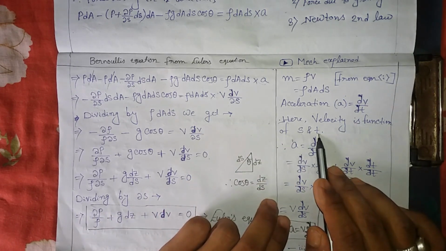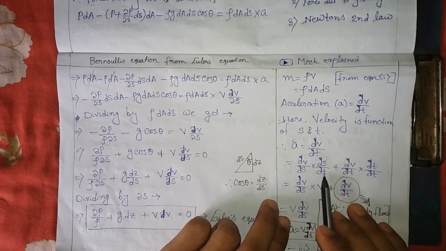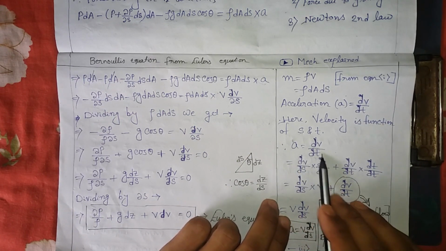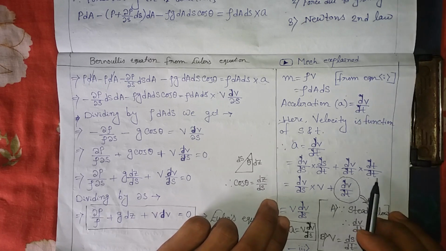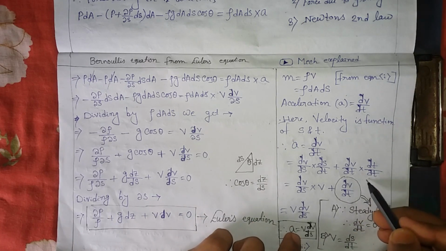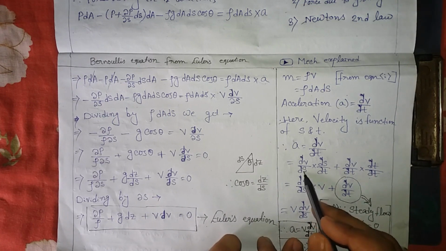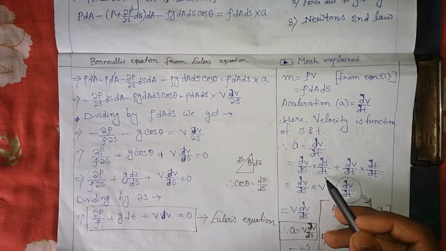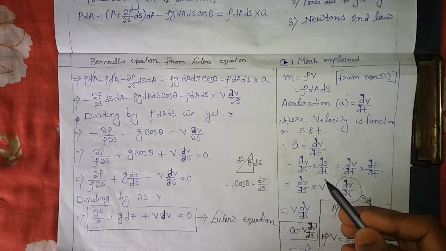So let's partially differentiate. Dv by dt equals dv by ds into ds by dt. Here we are partially differentiating velocity with respect to s, and here with respect to t. That means dv by dt into dt by dt, so this will be cancelled out, and the remaining things are dv by ds and ds by dt. Here ds is length and dt is time, so ds by dt is change in length with respect to time, which is our velocity.